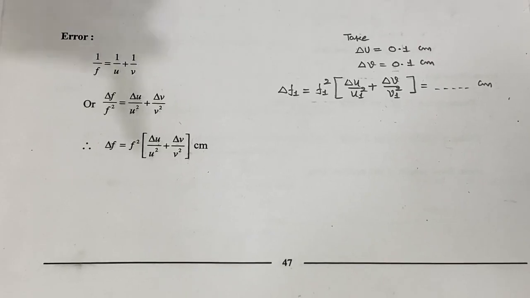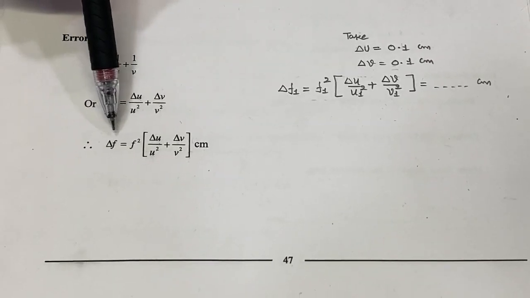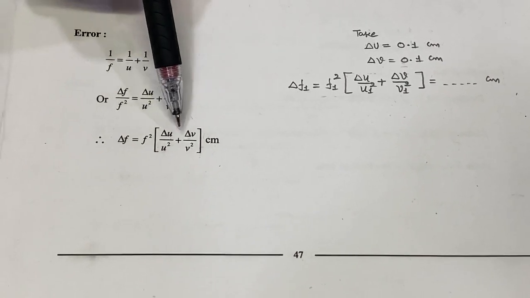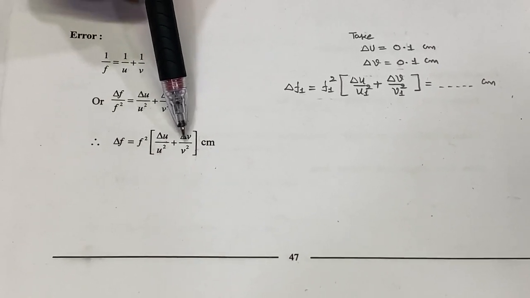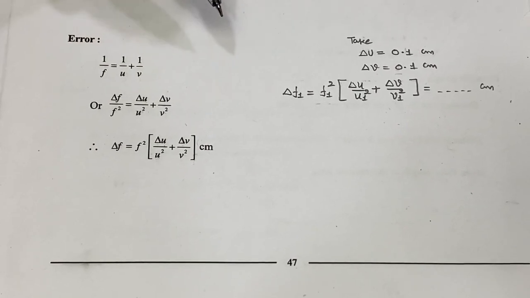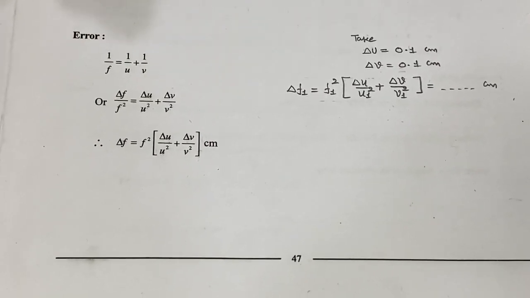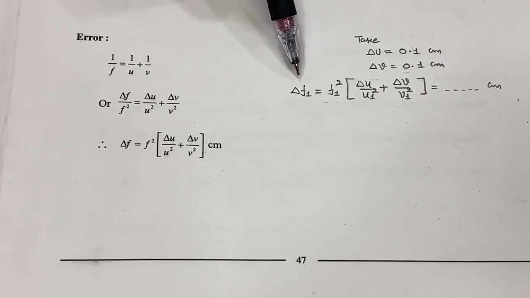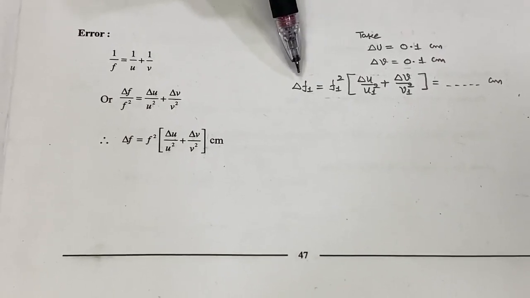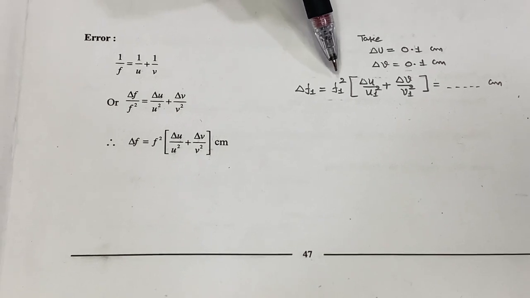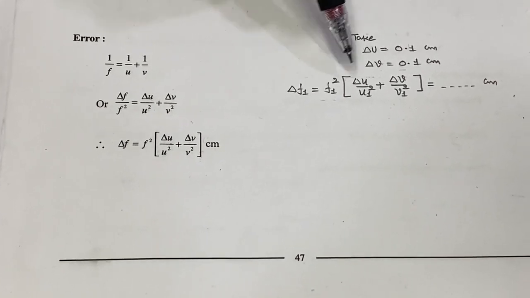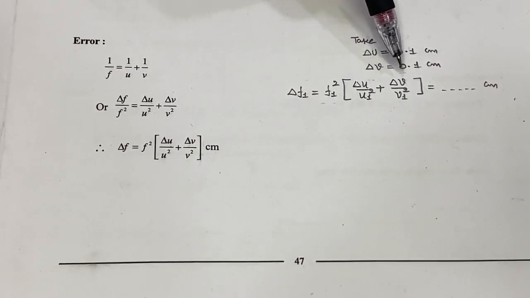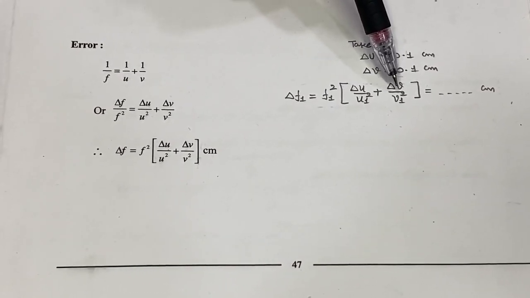Now using the equation delta f equal to f square into delta u upon u square plus delta v upon v square, calculate the error for each observation. Suppose we take the first observation, then delta f1 is equal to f1 square into delta u upon u1 square plus delta v upon v1 square.